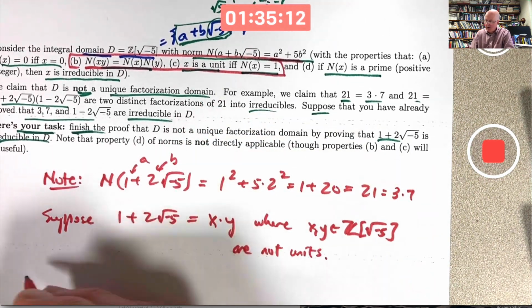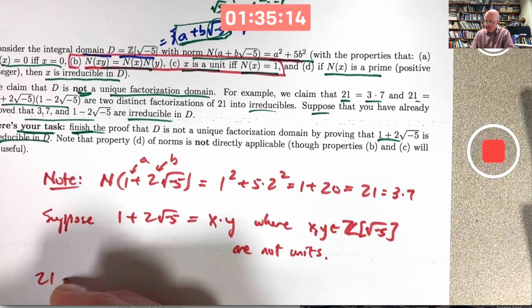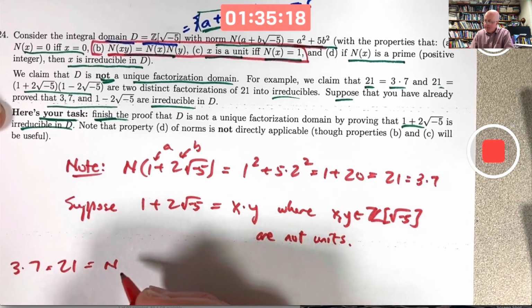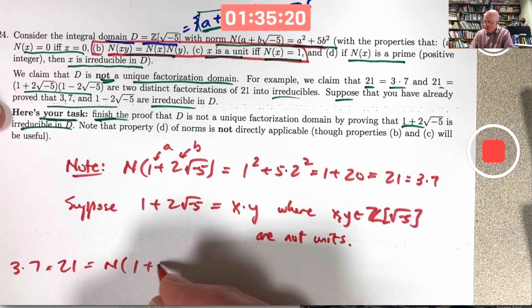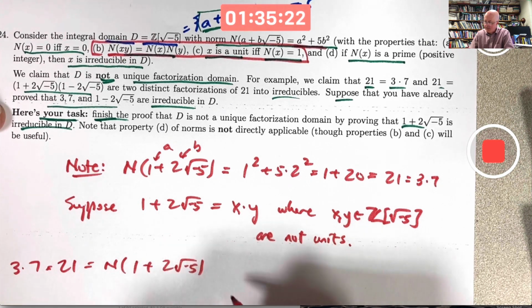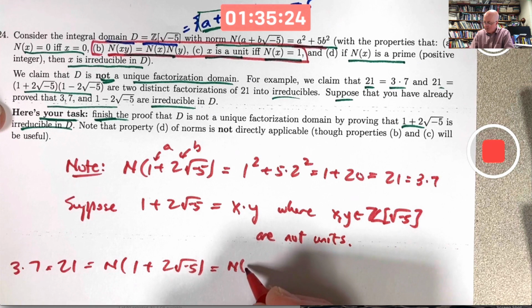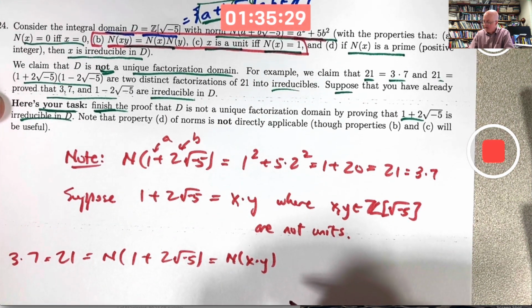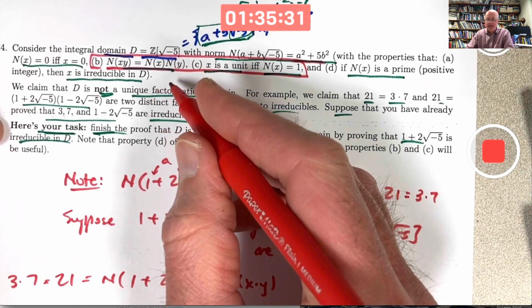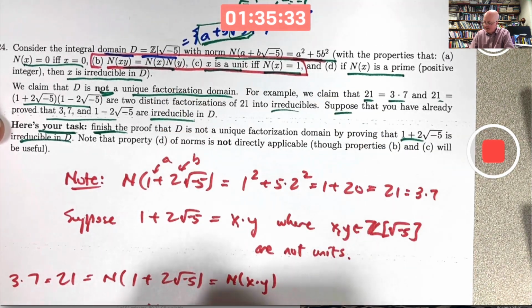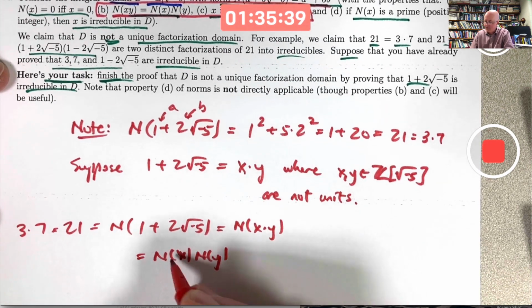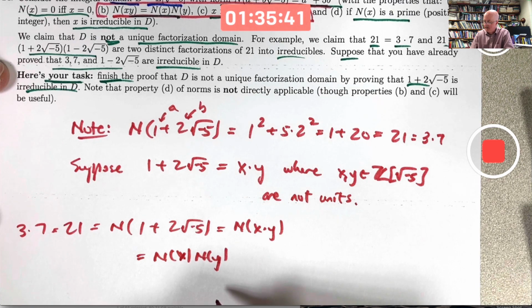We know by the note up here that 21, which is 3 times 7, is the norm of 1 plus 2 root negative 5, which will be the norm of x times y, since I'm assuming x times y is 1 plus 2 times root negative 5. And by property B, that's going to be the same as n of x times n of y. N of x and n of y are positive integers. This is 21, this product.